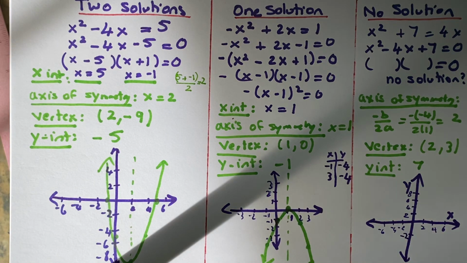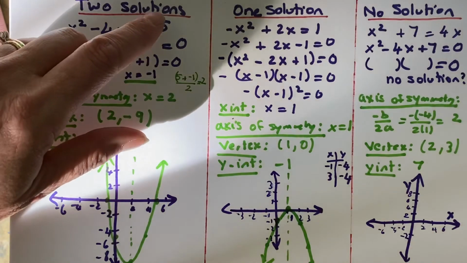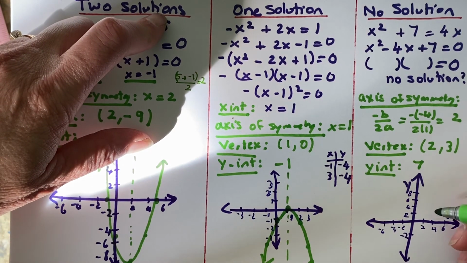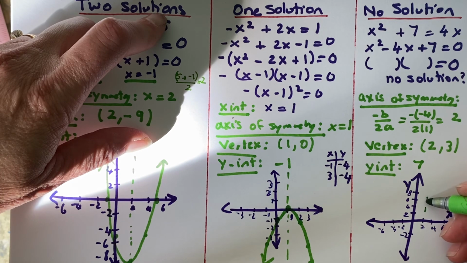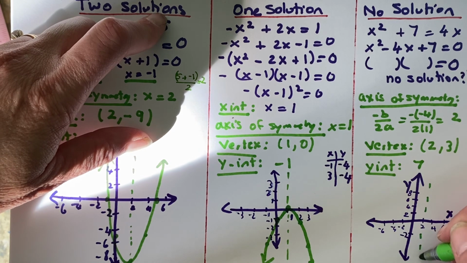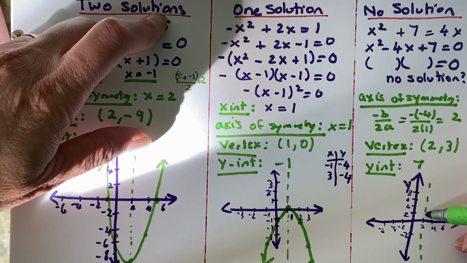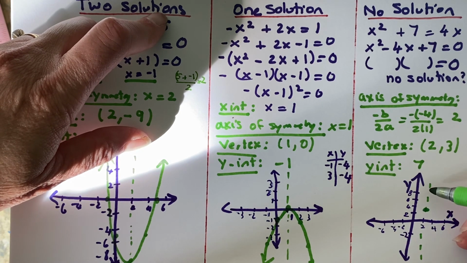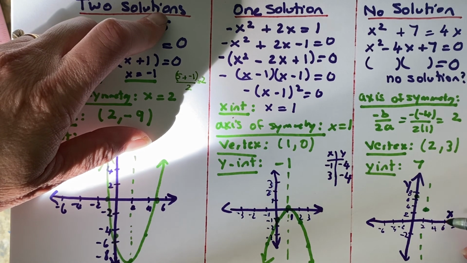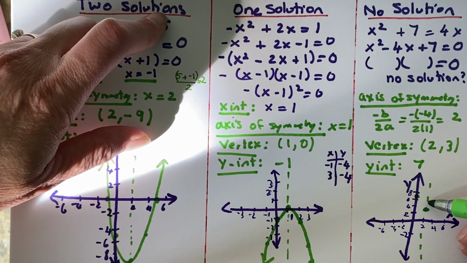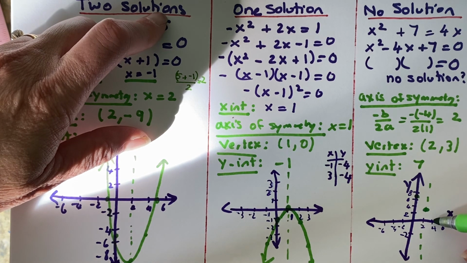Okay, so let's look at what this looks like. Axis of symmetry here. Vertex at 2 and 3. And y-intercept at 7. And if this one is over 2 from the axis of symmetry, I can pretty much bet this is going to be here.